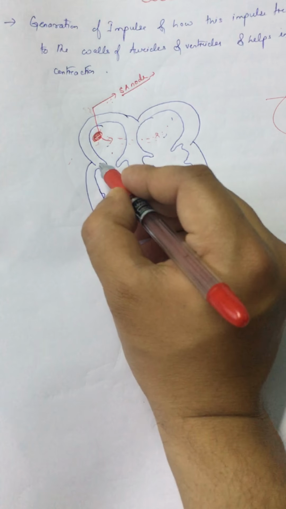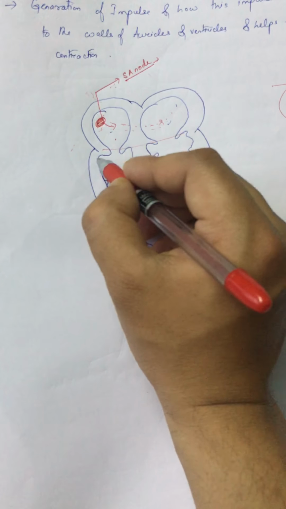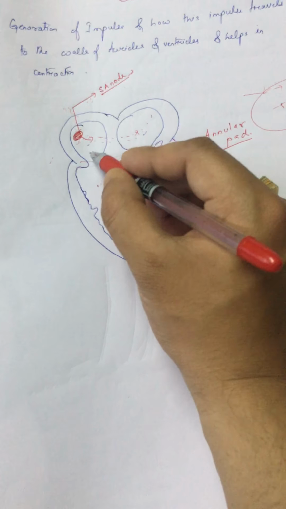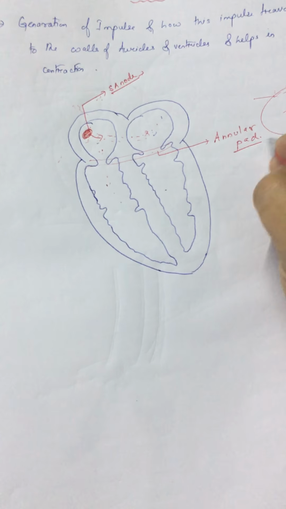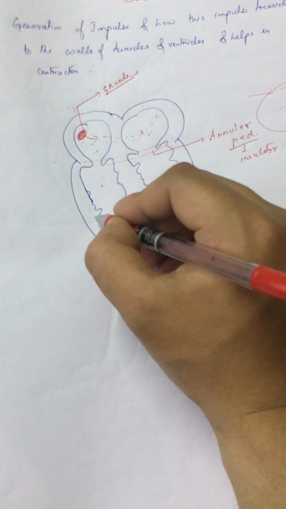Because between the auricle and the ventricle there is a fibrous connective tissue, which is called the annular pad. It prevents the influx of the impulse from the auricles to the ventricles. So this annular pad behaves as an insulator, but we know that the impulse has to pass to the auricles.